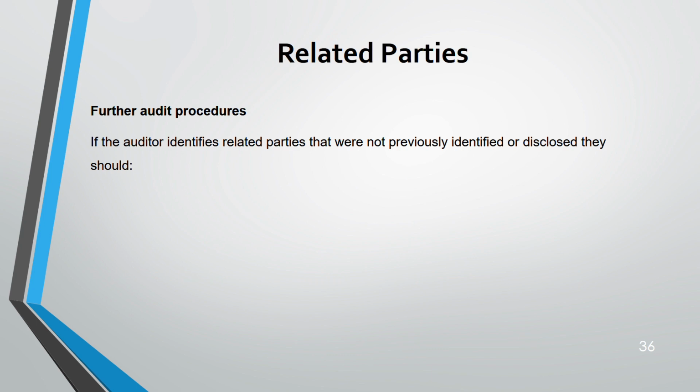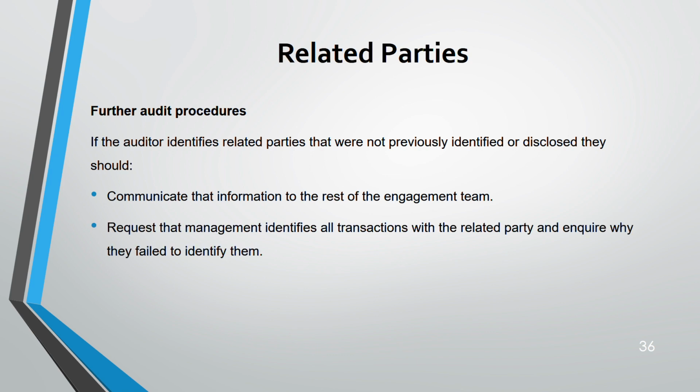Now, if the auditor identifies related parties that were not previously identified or disclosed, they should do these things. Communicate it with the rest of the engagement team, then ask management why they failed to identify the related party.